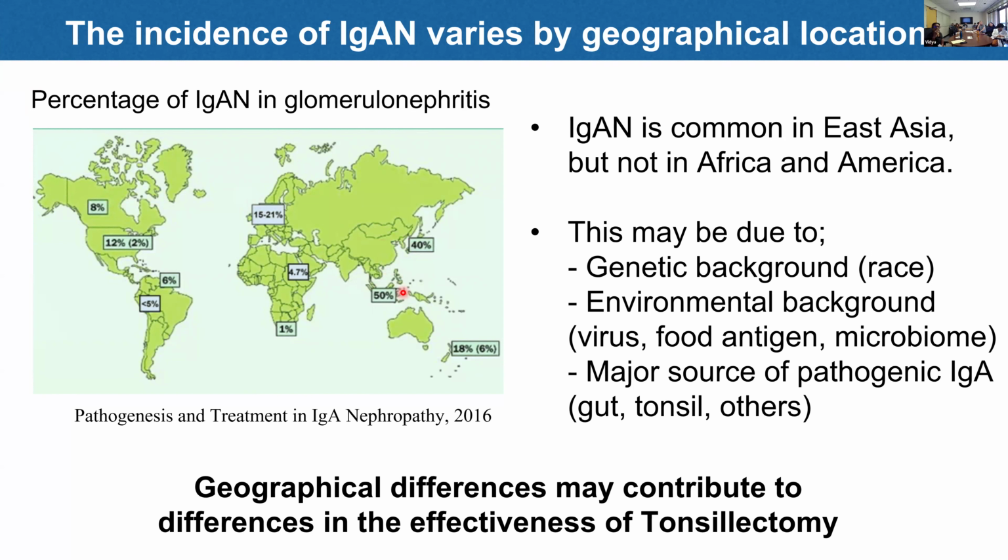In contrast, in Africa or the US, the percentage is low. This may be due to differences in genetic background, such as race, or environmental background, such as environmental viruses, food antigens, or microbiota, or in the major source of pathogenic IgA, the gut or tonsils.